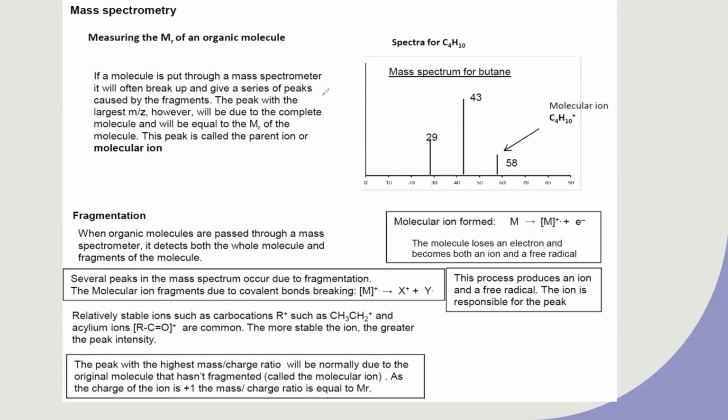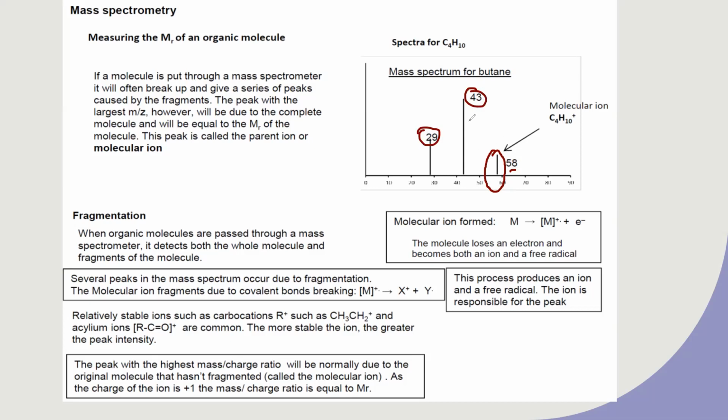So using the mass spectrum, we obtain these peaks. The one which has the highest mass to charge ratio is known as the molecular ion peak, and that mass is actually the molecular mass. Like if we are getting a peak at 58, it means 58 is the molecular mass. But we are getting other peaks as well, like 29 and 43.